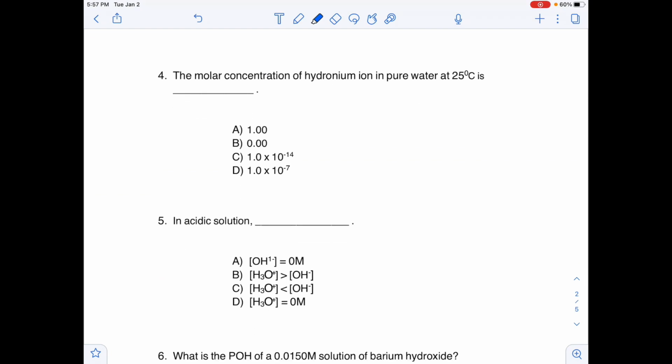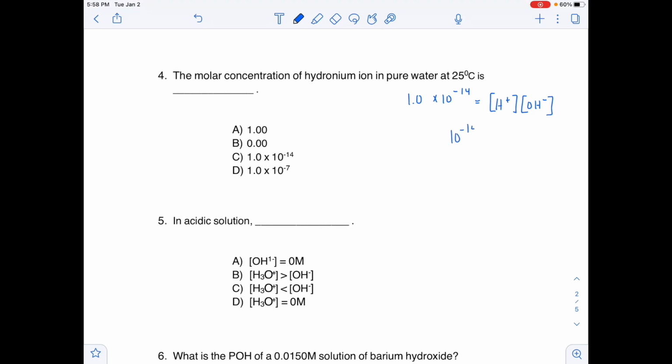For question 4, it says the molar concentration of hydronium ion in pure water at 25 degrees Celsius is what? So to work this out, we start with the Kw of water, which is 1.0 times 10 to the negative 14th, equaling the concentration of H plus and the concentration of OH minus.